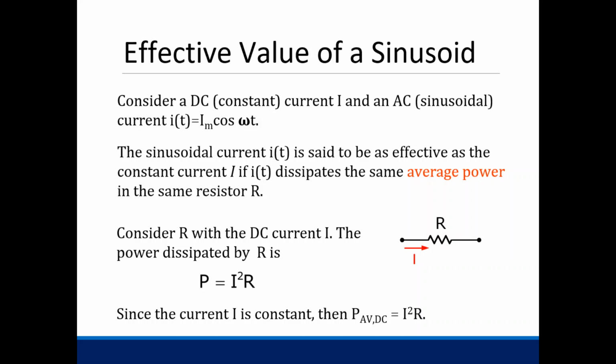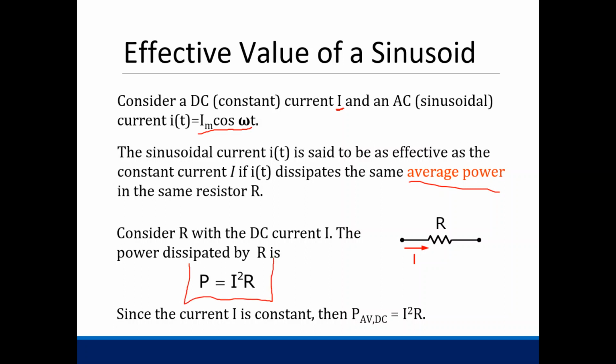So consider first a constant current I and some AC current that is I sub m cosine omega t. Okay. So we can say that the effective value of this alternating current is equal to the DC current I if their average power is equal in the same resistor. So that's what it means when you get the effective value of a sinusoid.